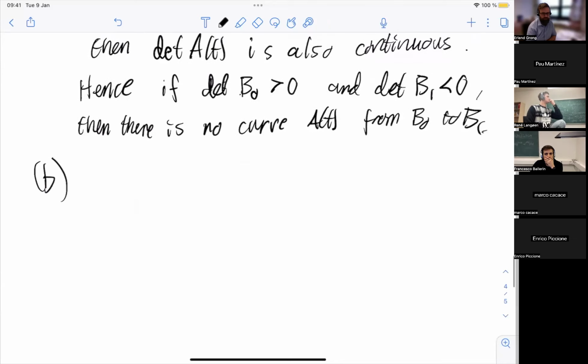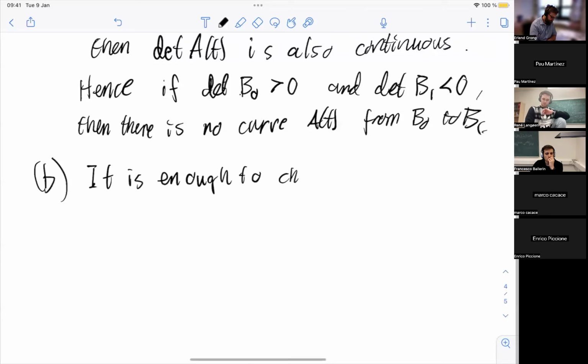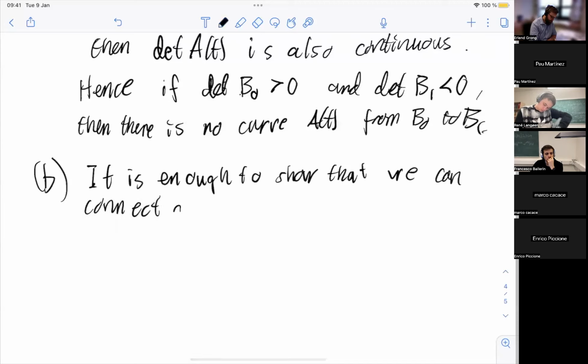Okay, I'm going to try to see if we can do B. So it is enough to show that we can connect any matrix B with the identity.